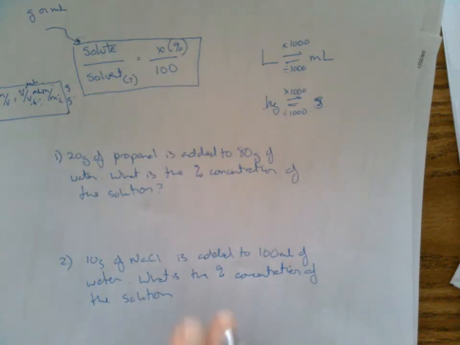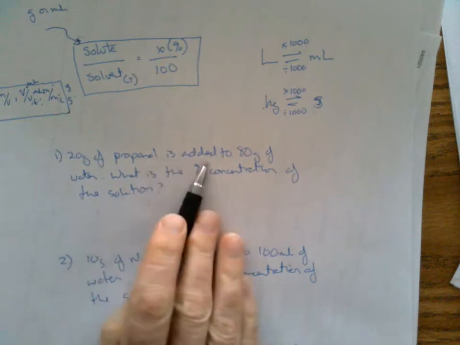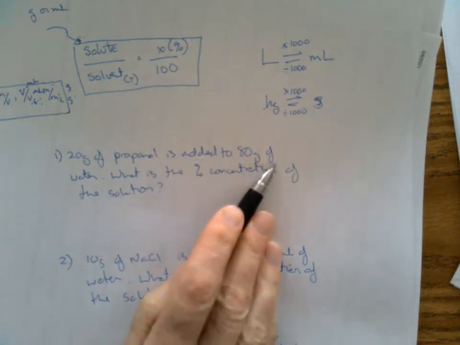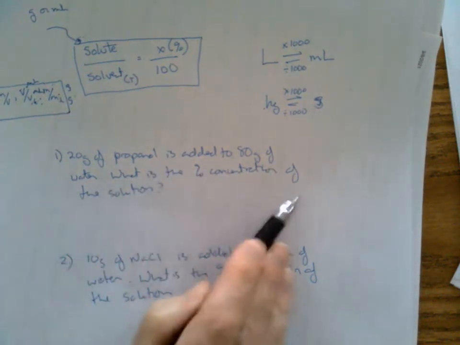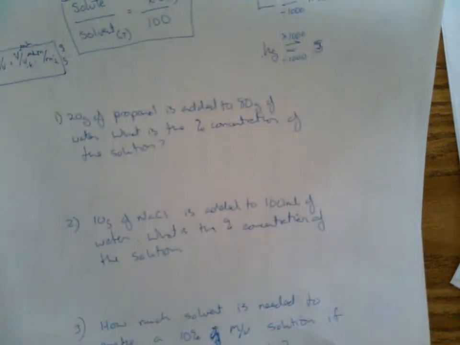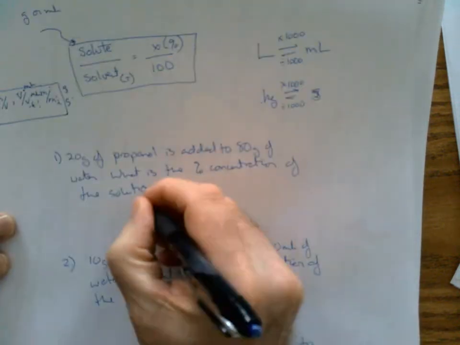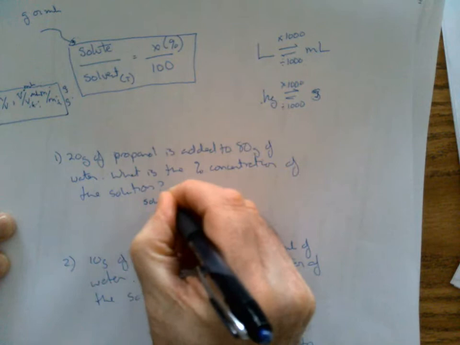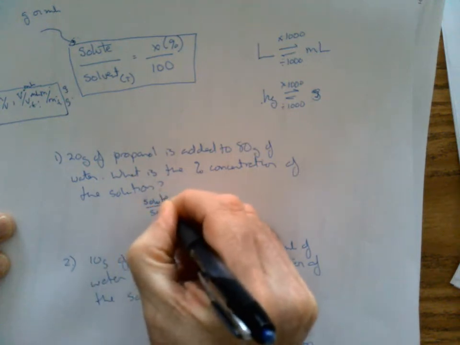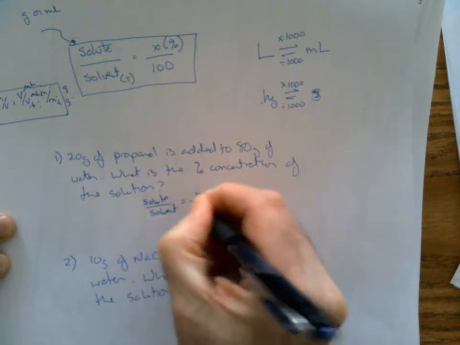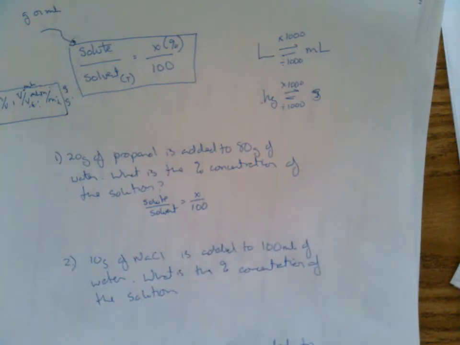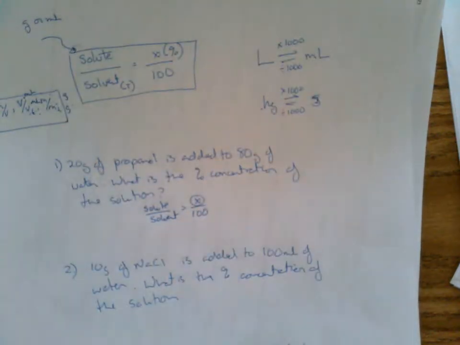So 20 grams of propanol is added to 80 grams of water. What is the percent concentration of the solution? So the first part is always to write down solute over solvent equals x over 100. So you're solving for percent, so you're solving for x.